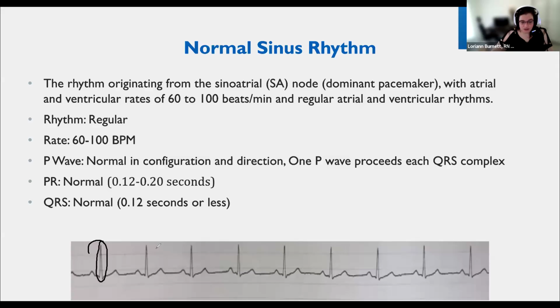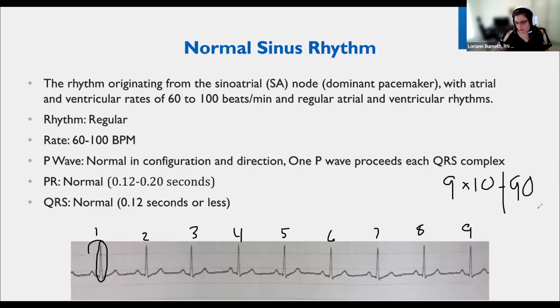So we got 1, 2, 3, 4, 5, 6, 7, 8, 9. And I know if this is a 6-second strip, 6 times 10 is 60, so 9 times 10, we get a heart rate of 90. So this is a normal heart rate, between 60 and 100. So we have a normal rate.